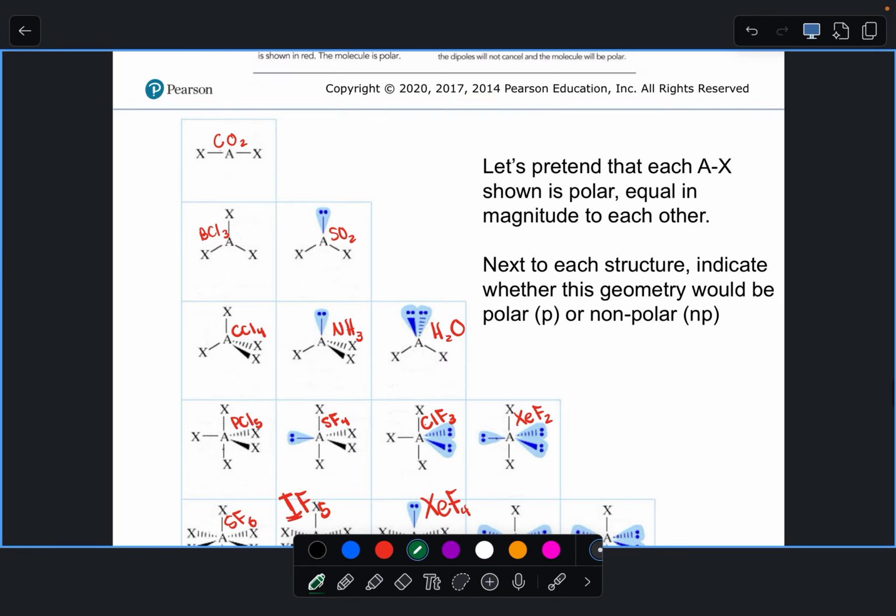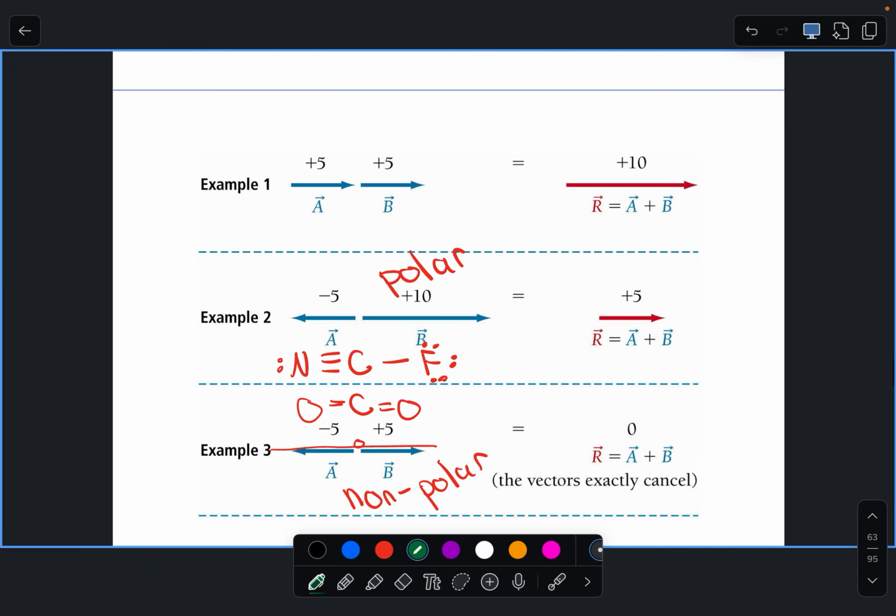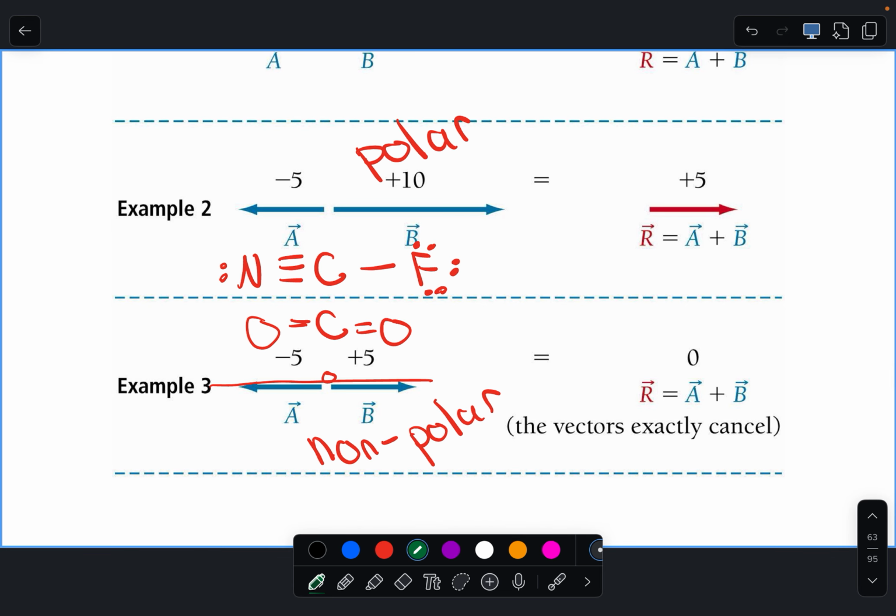Just like we showed in this example here, if you have different atoms on the exterior, it's almost certainly going to be polar. They have to be the same atom, the same electronegativity in order to cancel out. So we're only talking about the examples here where the external atoms are the same, and then we're going to decide is the molecule polar or not.